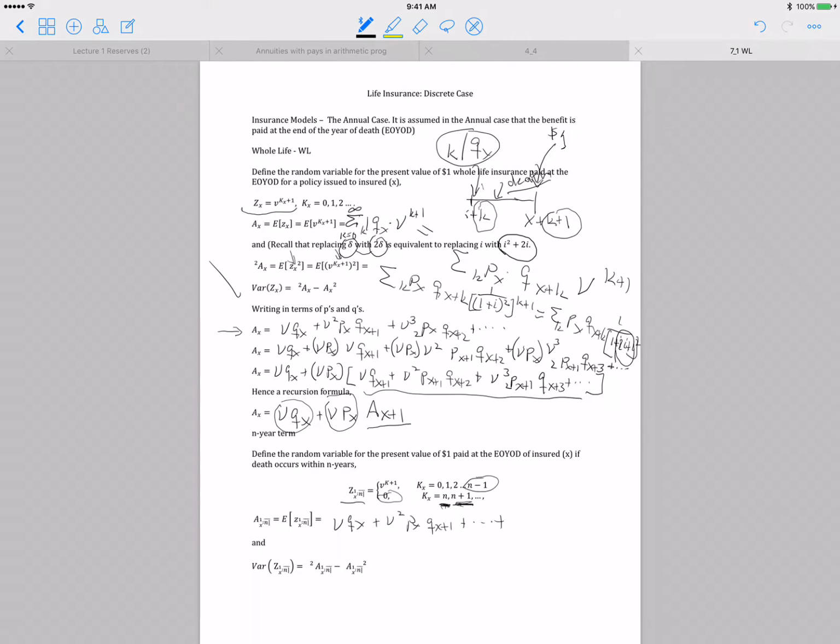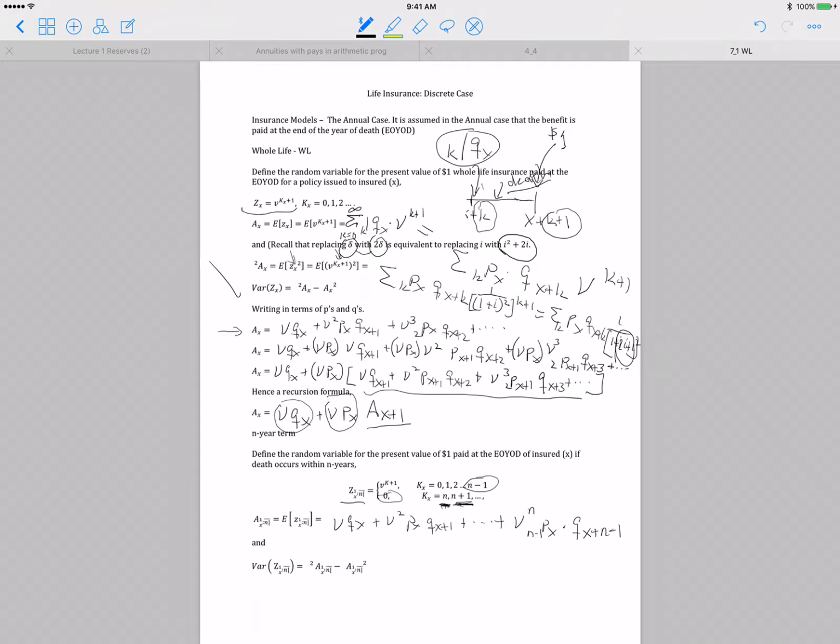So the benefit will be paid at the nth future year. I will have survived to my n minus 1st birthday, and then dot. So that is my last q. So that would be in terms of my p's and q's.